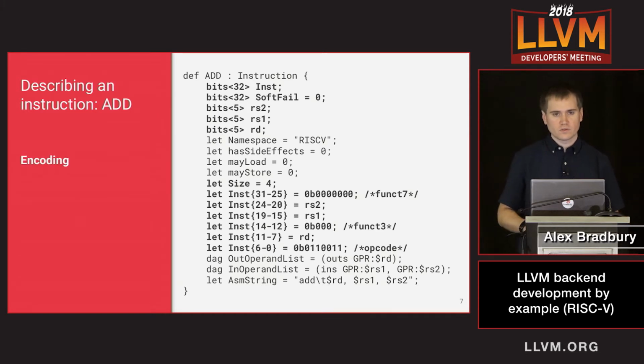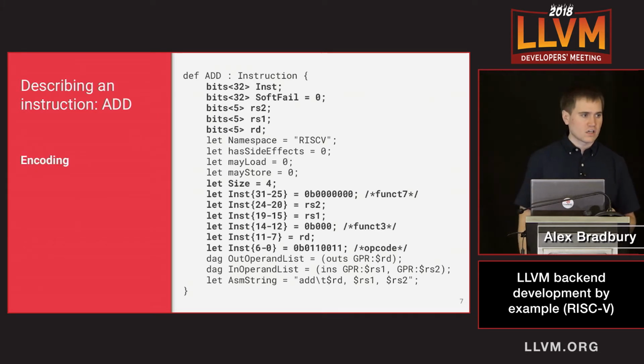So first of all, encoding. The bits I've highlighted in bold are all related to specifying exactly how our add instruction should be encoded into a 32-bit wide integer value. There's a soft fail, which is a requirement for, I think, the disassembler.